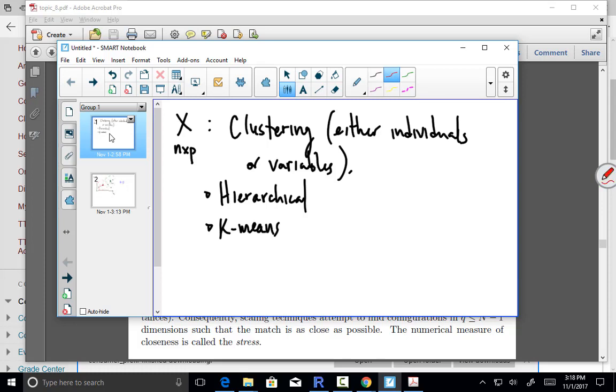The other common technique for clustering that we're not going to get into is model-based. And that is, suppose, for example, that we were to say the data that we observe is the result of a mixture of k different probability distributions.